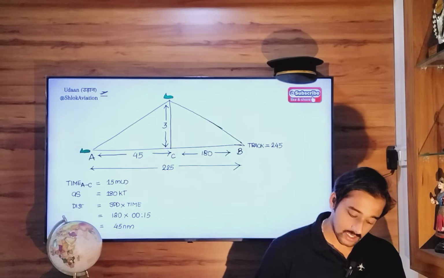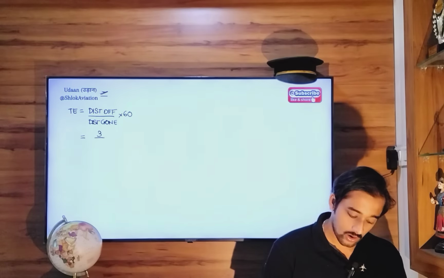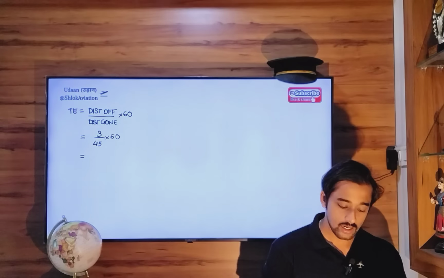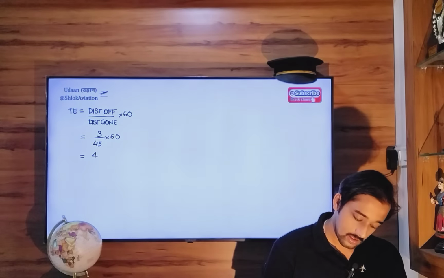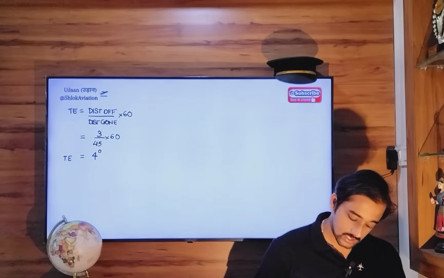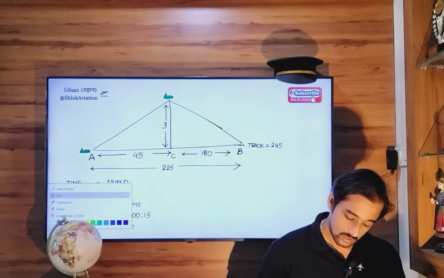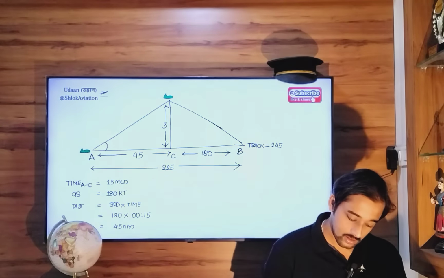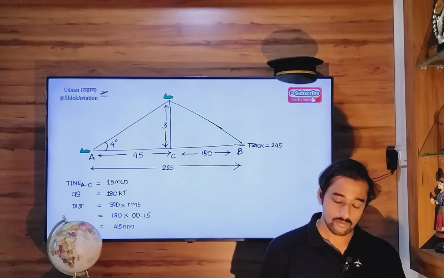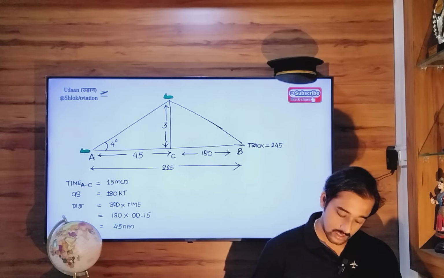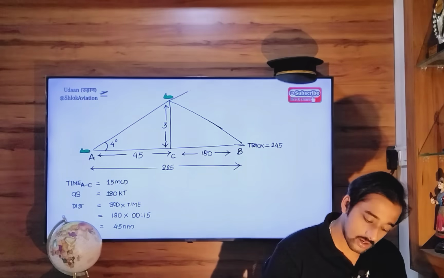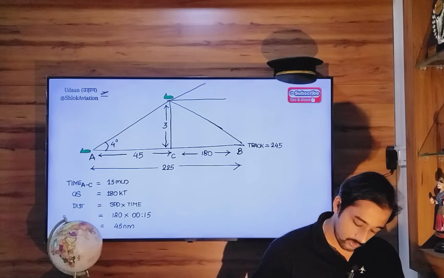Distance off track is 3, distance gone is 45 into 60. So 3 into 60 divided by 45 is 4. So track error angle is 4 degree. This angle will also be equal to 4 degree.